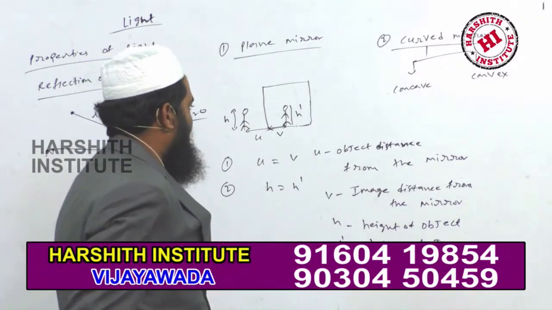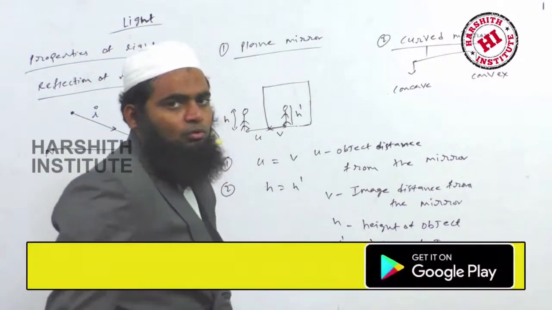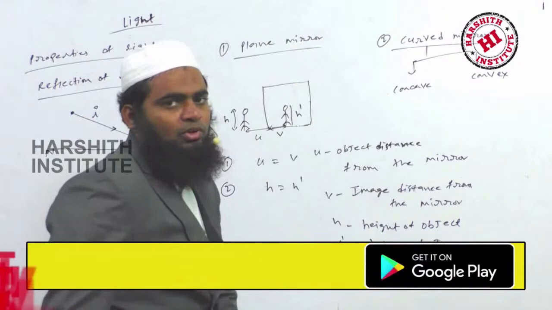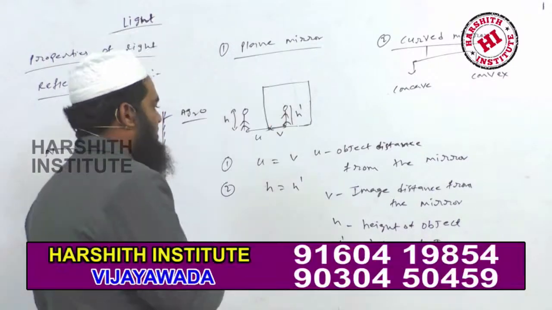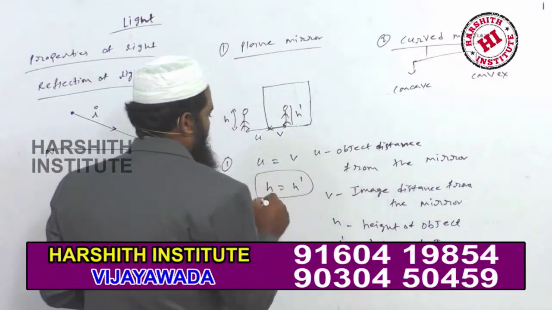In the case of a plane mirror, we can observe that the height of the object and the height of the image are the same. This is simply H equal to H dash.